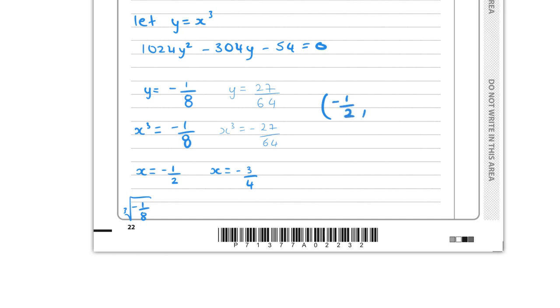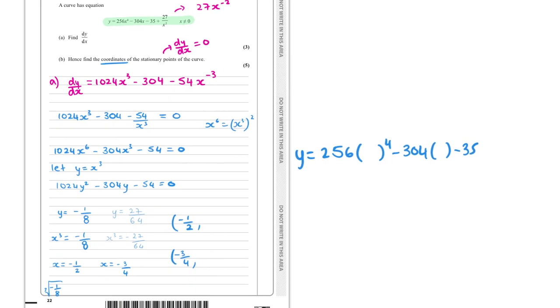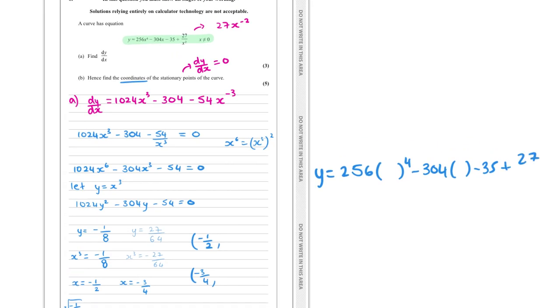Yeah, we need to substitute the x value back into the original equation, the y equals this one here. Okay? So I'm literally going to type into my calculator: y equals 256 bracket something to the power of 4 minus 304 bracket x minus 35 plus 27 over bracket something squared. Now, please use your brackets, especially because our x values are negative.